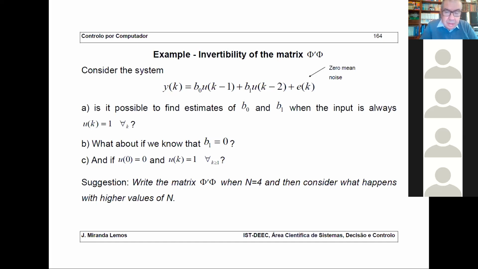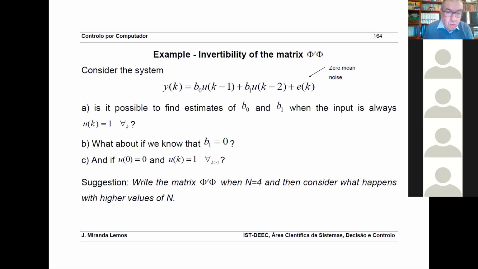Can you think of another experiment so that you can estimate b0 and b1? Maybe u is 0. For example, u is 1 at time k minus 1, but at k minus 2, it is still 0. So alternating between zeros and ones. Yes, that could work. So you have to change u. You have to excite the system. This is an extreme situation.